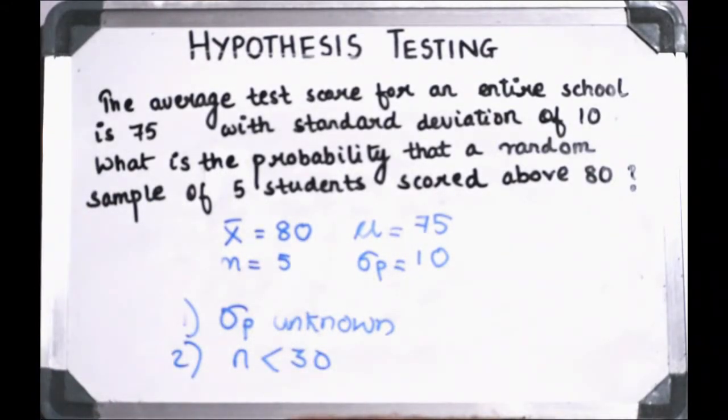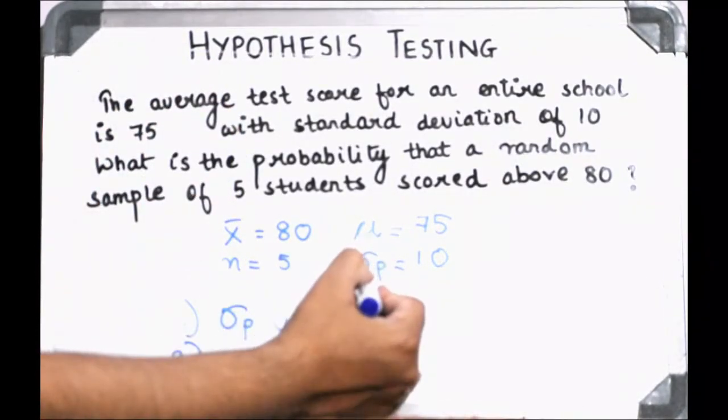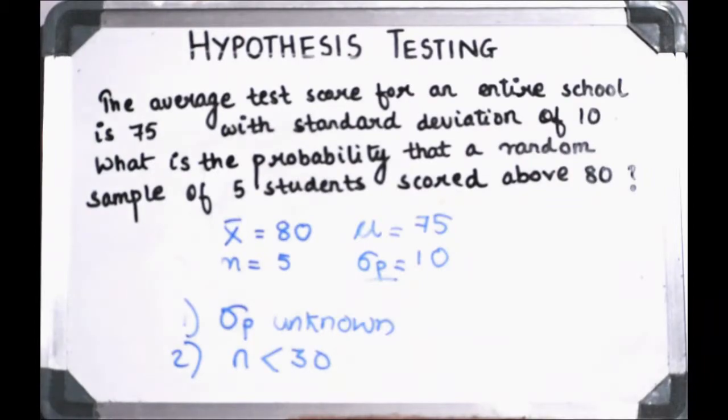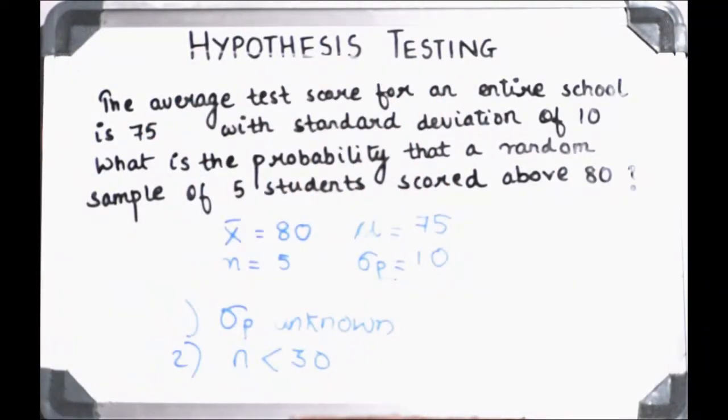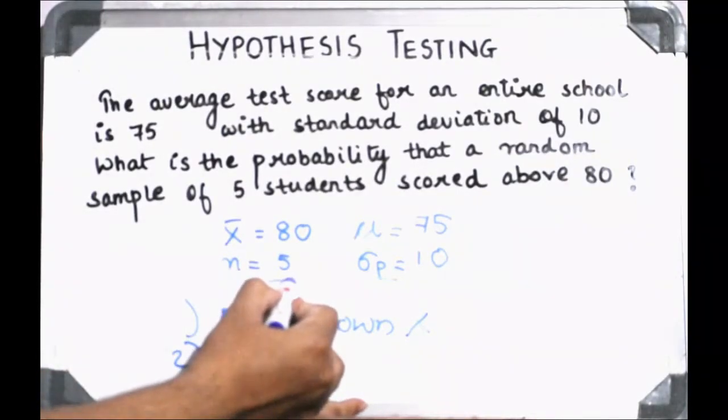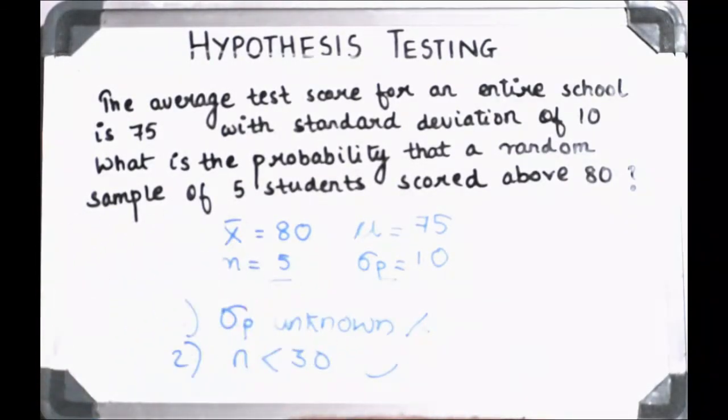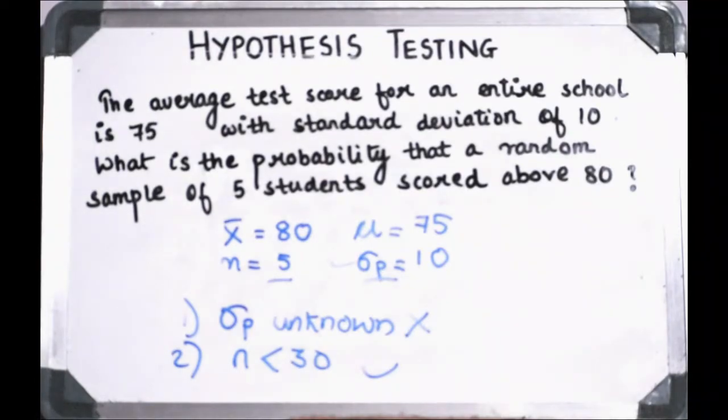Let us check. In this problem, the population standard deviation is known. It is given as 10. So this condition is not satisfied, but the sample size is 5, which is less than 30, so that one is satisfied. But since both the conditions are not being satisfied here, we cannot go for T-test. In this case, we go for Z-test.